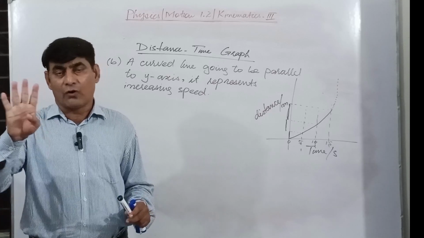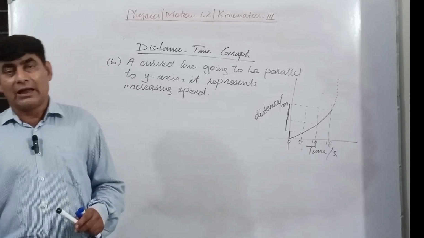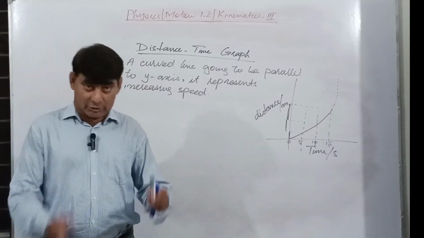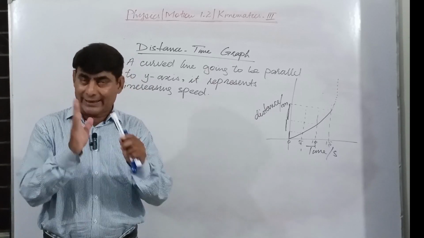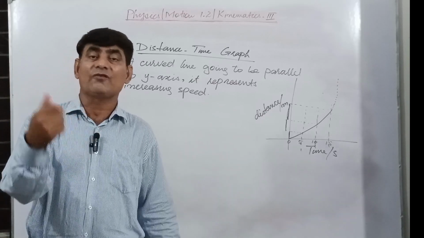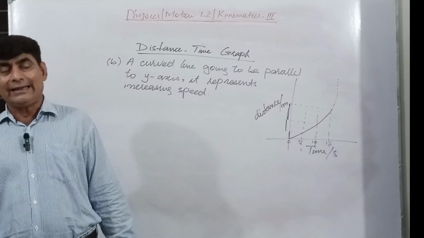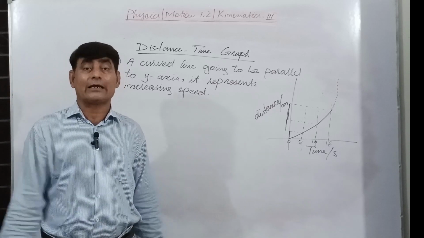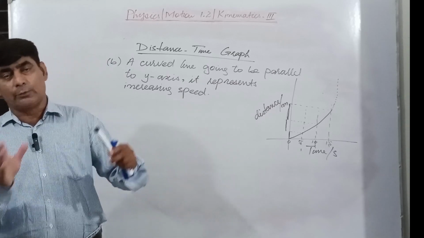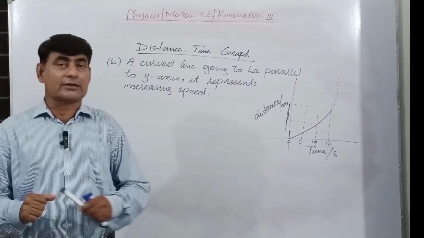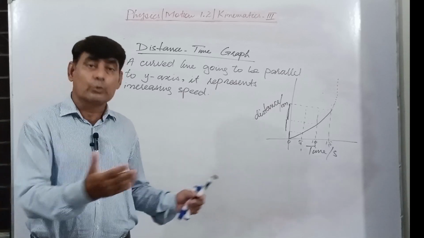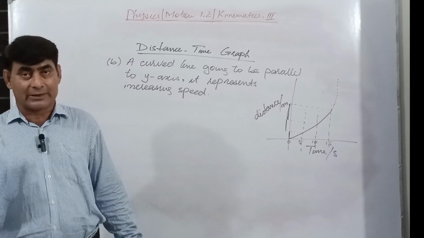Point number 4, a straight line not parallel to axis shows uniform speed, uniform motion. A curved line shows variable speed, and there are 2 types of curved line: a line going parallel to x-axis, decreasing speed, and a line going parallel to y-axis, increasing speed.